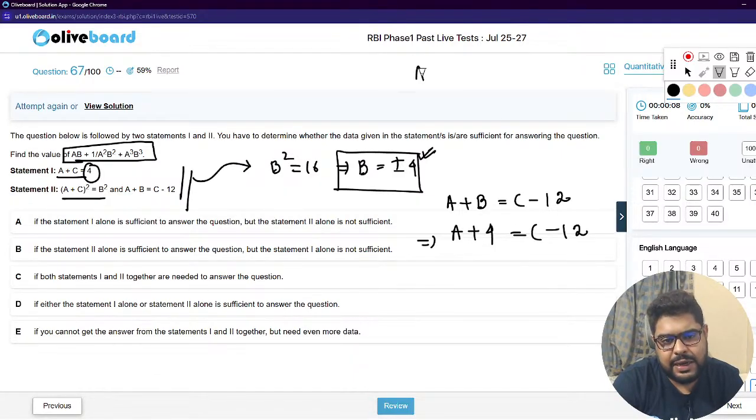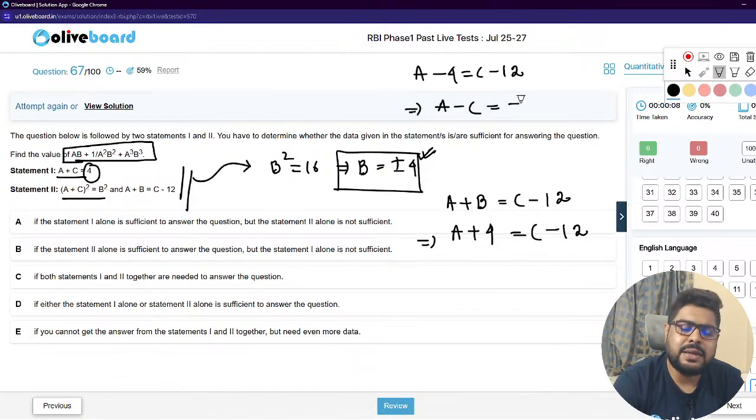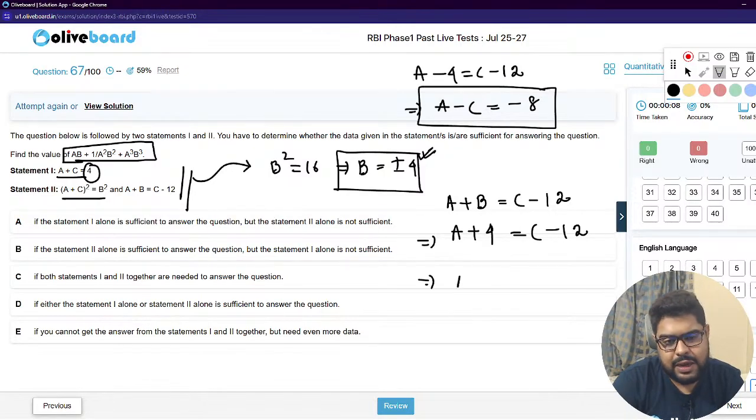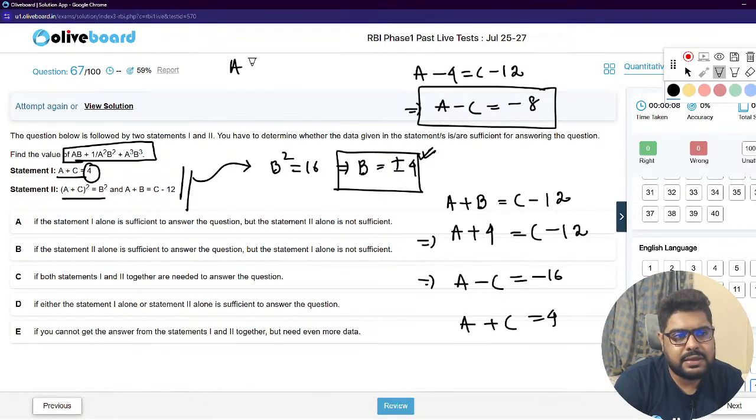If I put minus 4, so over here A minus C comes as minus 8, sir. And over here A minus C comes as minus 16. And the other one is A plus C is 4. A plus C comes out to be 4.